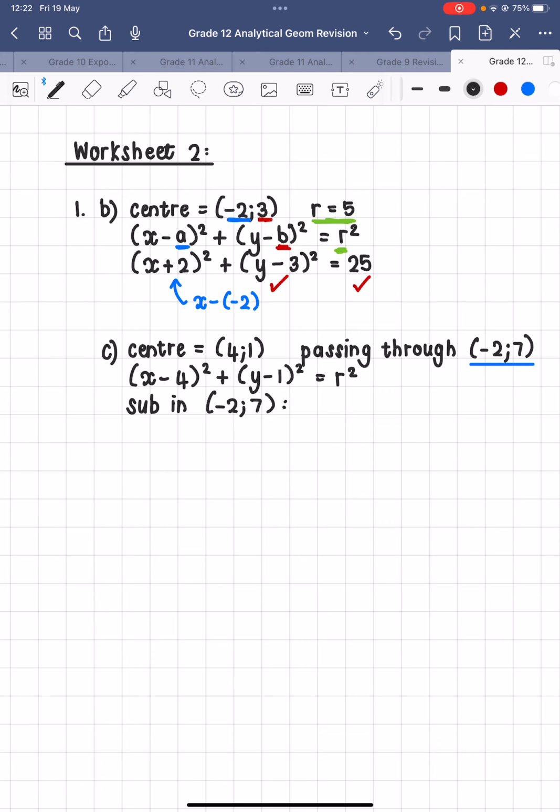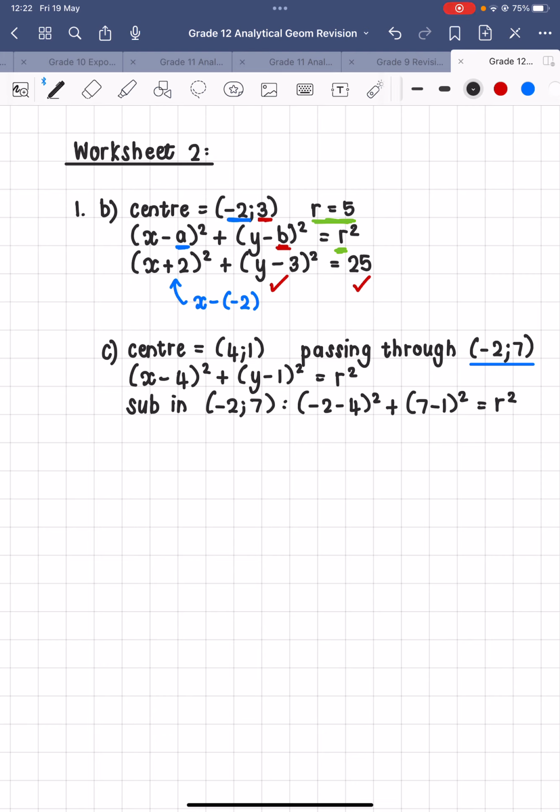When you are doing the working, you can just write the point down. I'm just writing the sub in part as a little note for you. So we're going to have x minus 4 is going to become negative 2 minus 4 squared. Plus y minus 1, the y value of this point is 7. So 7 minus 1 squared is equal to r squared.